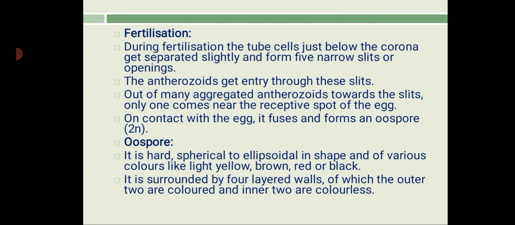Out of the many aggregated anthrozoids toward the slits, only one comes near the receptive spot of the egg. यानी सिर्फ एक ही receptive spot होता है egg का, जो egg nucleole के अंदर present है और tube cells protective covering के रूप में उसे घेरे हुए रहती हैं. तो receptive spot की तरफ एक ही anthrozoid नज़दीक पहुंचता है.